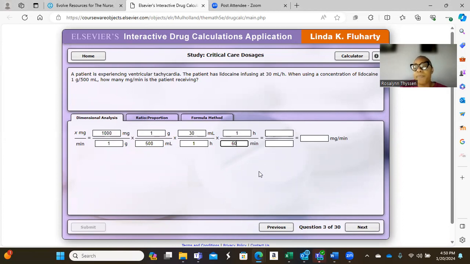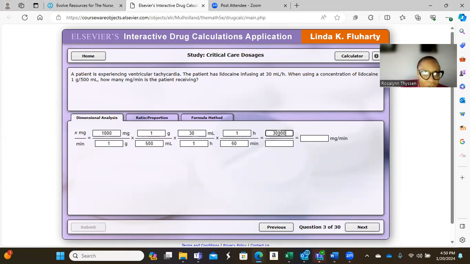If I look here to make sure that I set it up correctly, I know that hours cancels out, mils cancels out, grams cancels out. That will leave me with milligrams per minute. If what I'm left with equals what I'm looking for, then I set it up correctly. So I do my math. 1,000 times 1 times 30 times 1 should be 30,000.